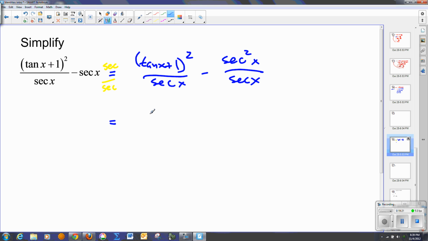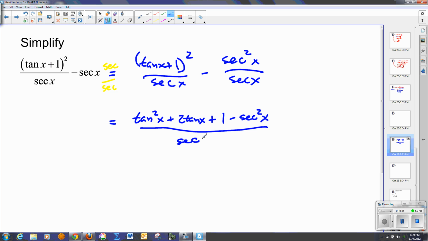I can simplify that. I'll FOIL this out now: tan squared x plus 2 tan x plus 1 minus secant squared of x over the secant of x.